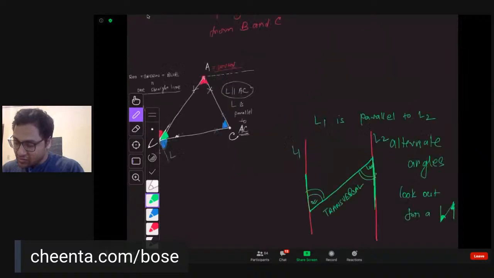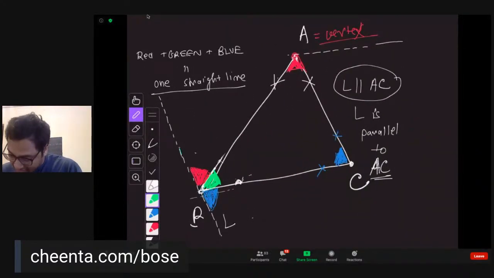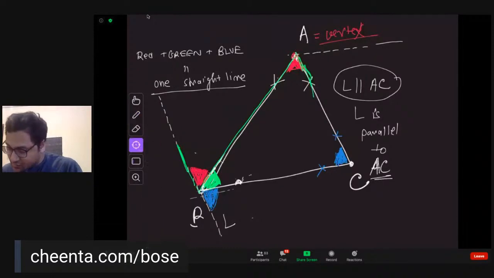So if I come back to the triangle picture, here we have a Z. So that's why this red angle is equal to this red angle.